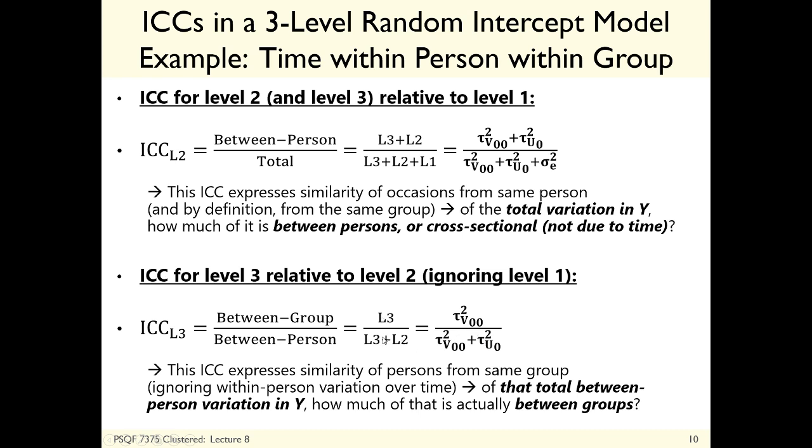So of what I called between person here on the bottom, how much of that is actually between groups? How much of that is level 3? So it's 3 over 3 plus 2. So this is the expected correlation of persons from the same group. It's also your effect size for whether or not you need to worry about group.